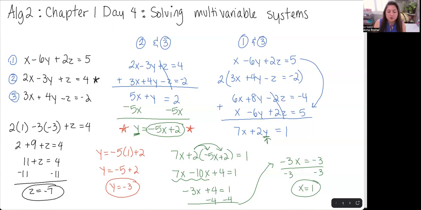Now, some teachers are totally fine with you having your answers just x, y, z randomly on your paper. Some teachers want a specific method. So some teachers might say, no, you must absolutely give me a set of coordinate points. So you're going to go in this x, y, z fashion, where you're going to have 1, -3, -7, and then that's going to be your final answer.